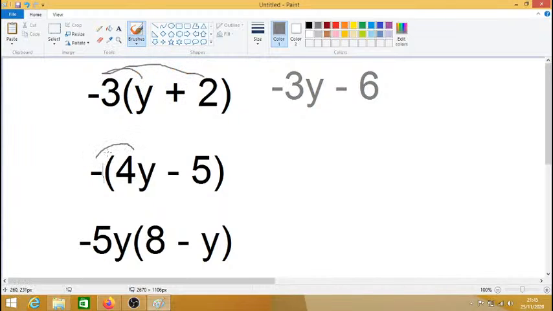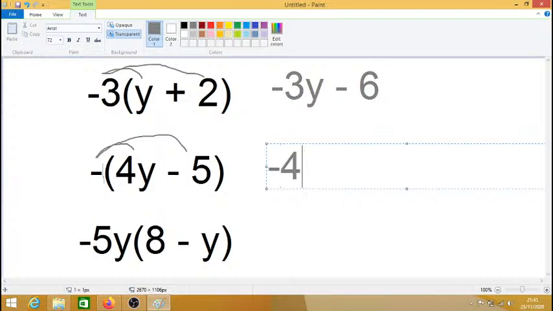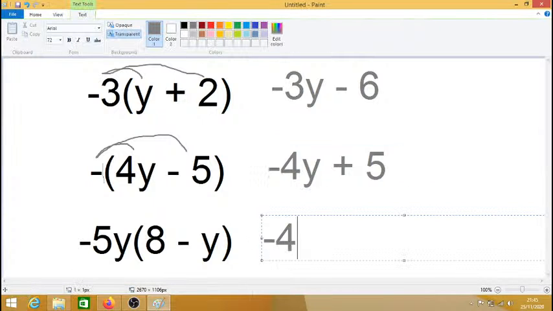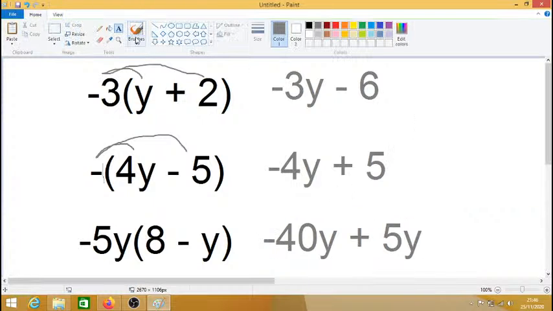And then times each thing by minus 1, and you'll end up with minus 4y plus 5, because minus 1 times minus 5 is plus 5. And the last one, I'm just going to put a squared on there.